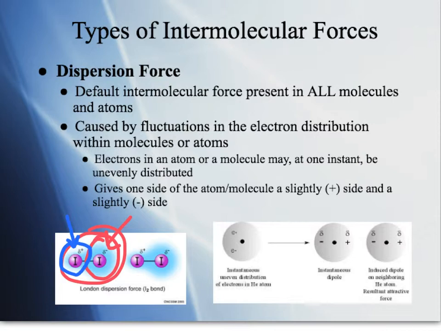If you've got more electrons around one side than the other, it's a slight negative charge, and if you've got fewer electrons than usual, you have a slight positive charge. And these are very instantaneous forces or charges. It happens very quickly.